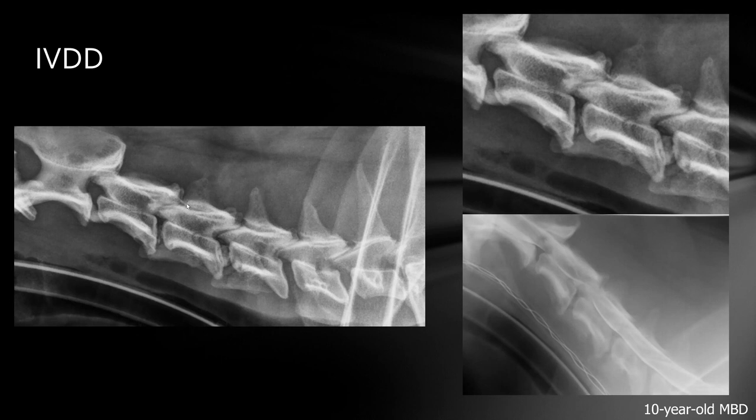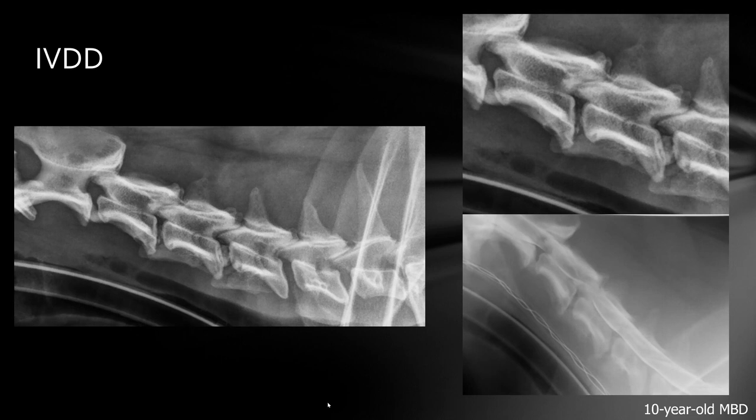The articular process joint space is narrowed compared to the caudal one, and there's ill-defined increased mineral opacity superimposed with the vertebral canal at this level, close-up view of it here, and then later on confirmed with the myelogram.